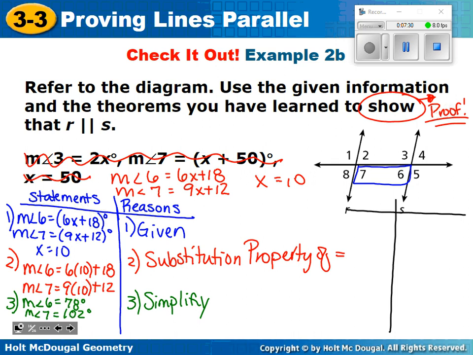So we need to add angle 6 and angle 7 together. Would you agree? Okay, so we're going to say number 4, the measure of angle 6 plus the measure of angle 7 is equal to, you're doing 2 steps at once, be careful.